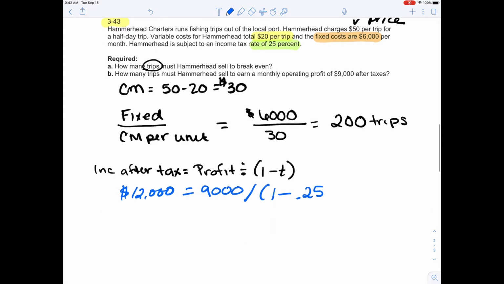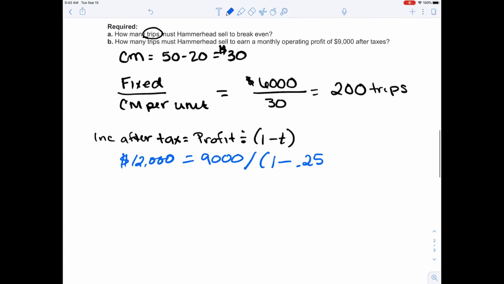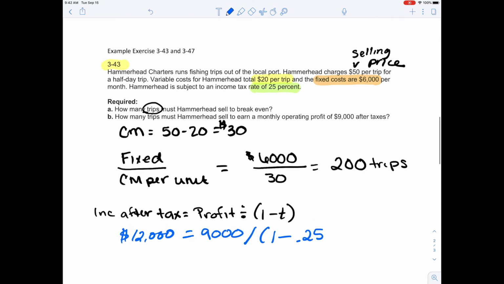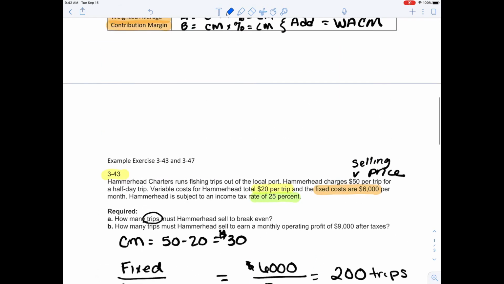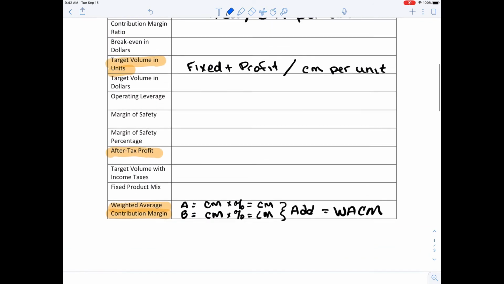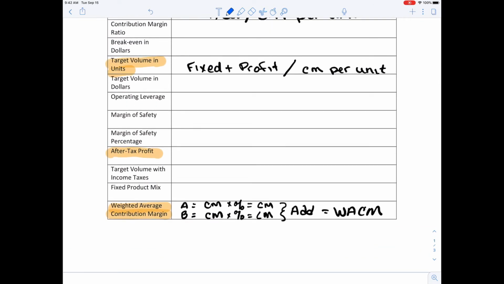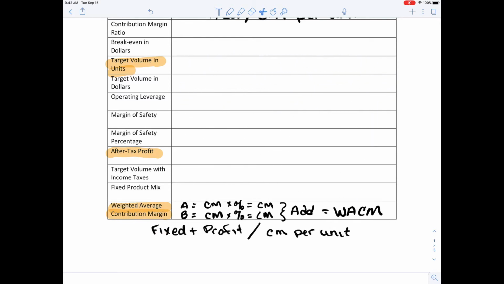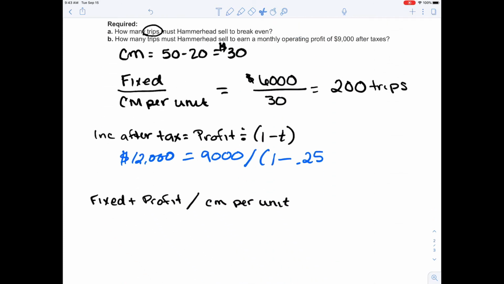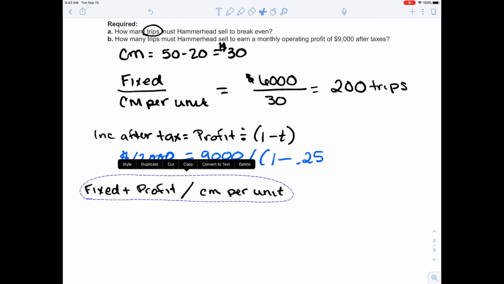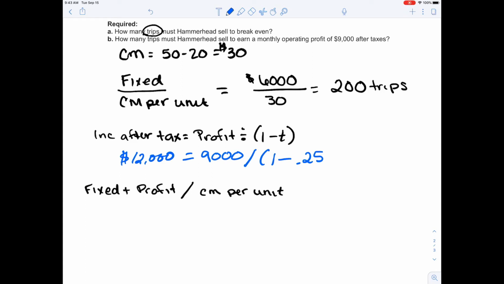So that $12,000 is what I'm going to use to find my break-even point with that target volume. So again, I can come up here and I want to know in units, how many do I have to sell? I use this equation. I'm going to bring it down and find out what do I need to sell if I want to earn that $9,000 after taxes.